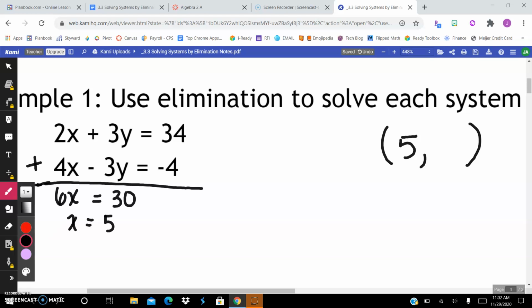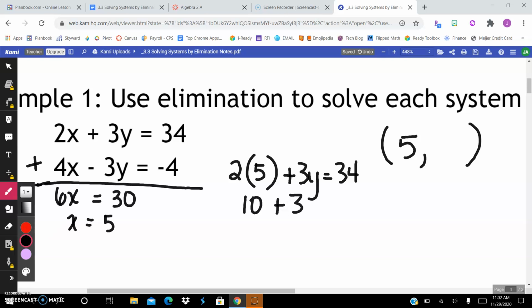Then, just like substitution, we're going to go back and substitute that into one of the two equations, and it doesn't matter which one. So I'm going to do 2 times 5, because x is 5, plus 3y equals 34. So 10 plus 3y equals 34.